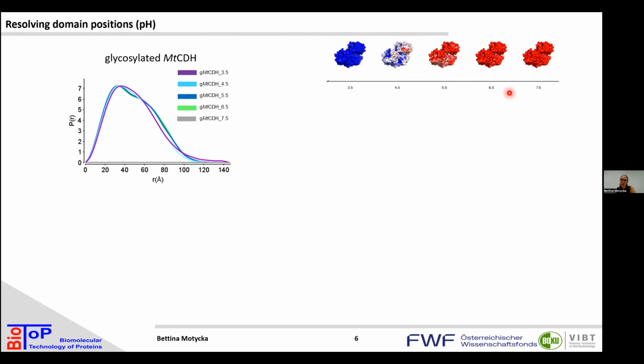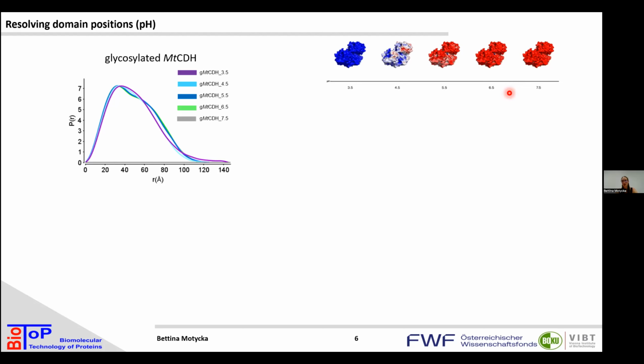But now in the next step, to get a better idea about which conformations are present, we performed SAXS-based multistate modeling by using BILBOMD. This method works by using a starting model. In our case, we used the PDB, but in the first step we modeled all the glycans onto it, and then a bunch of different conformations were generated, where the domains were kept rigid and only the linker as well as the glycans were flexible.